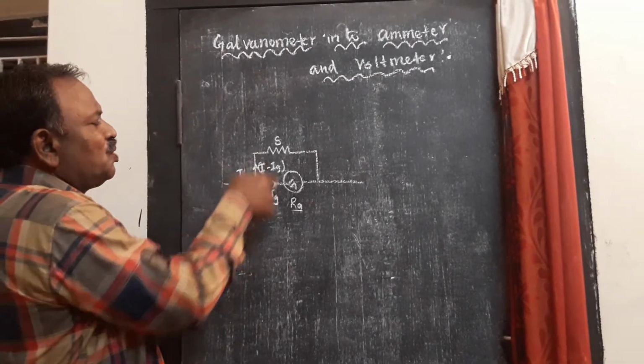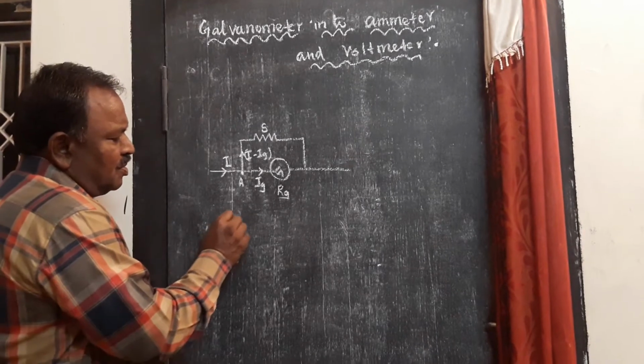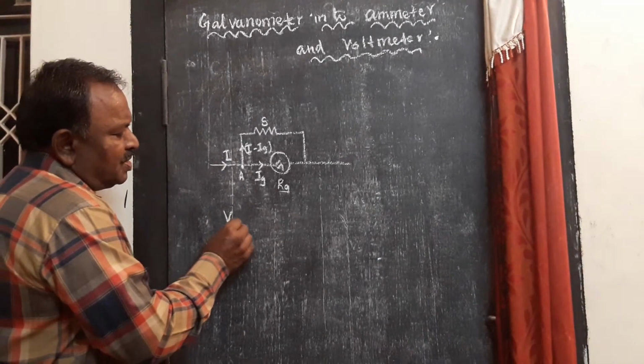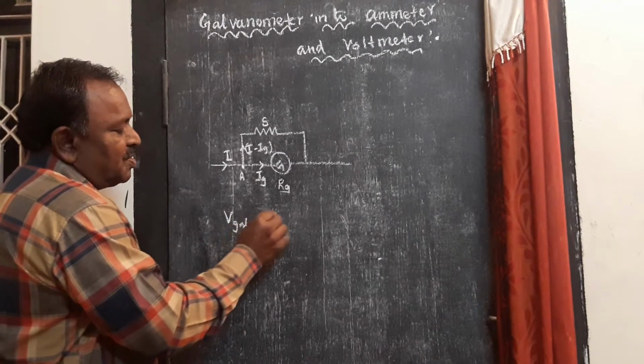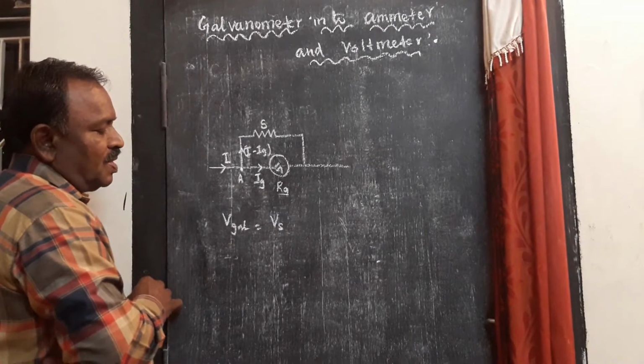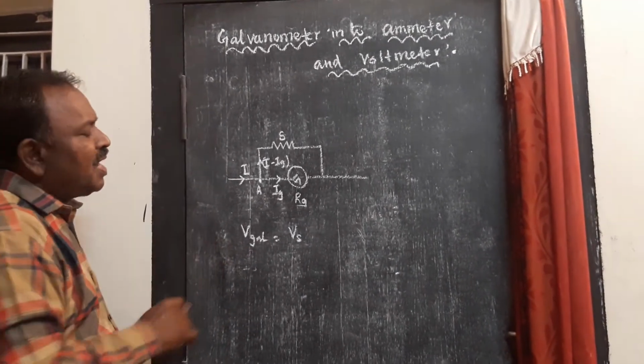Since these two resistors are in parallel, we know the voltage across the galvanometer is equal to the voltage across the shunt resistor. According to Ohm's law, voltage is given by V is equal to IR.